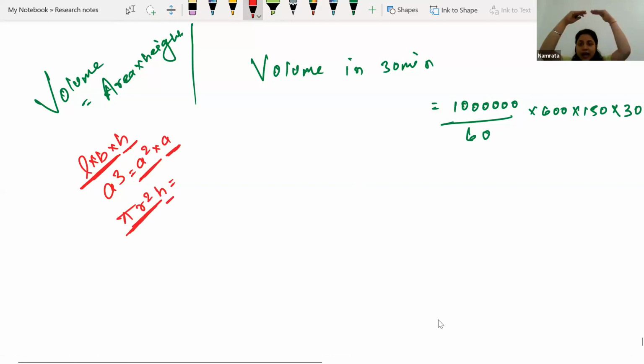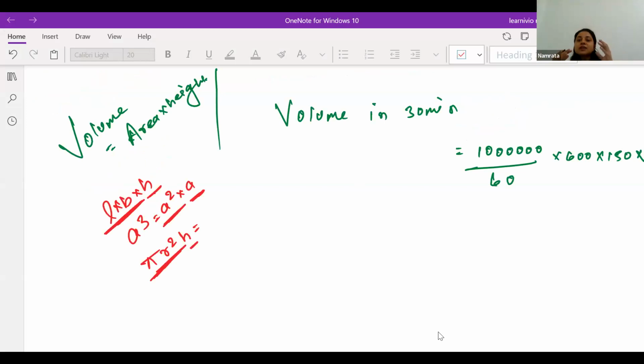Basically, the volume formula came from area into height only. In a three-dimensional shape, we also have height. Earlier we were having 2D shapes, that means plane shapes, flat shapes, where only area used to be covered. So now when we are thinking about the volume, the capacity of any 3D shape or solid, we are thinking that area is getting covered, but apart from that, it also has some space for the height, right?